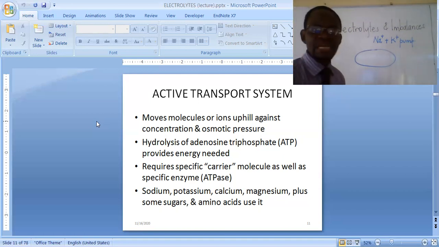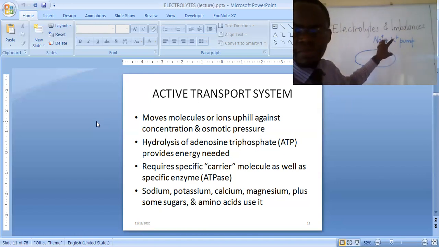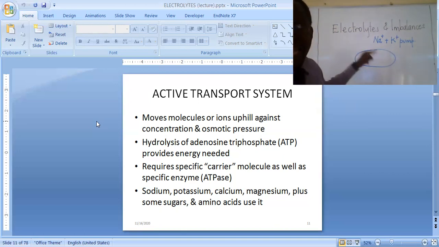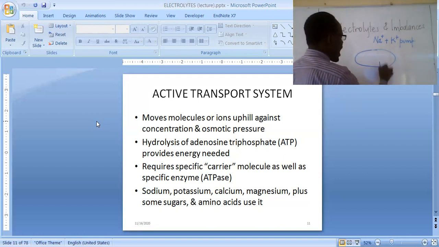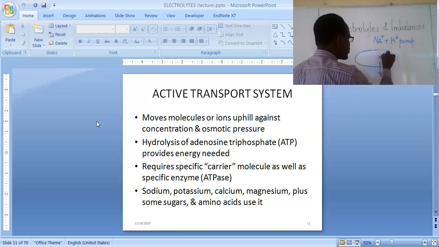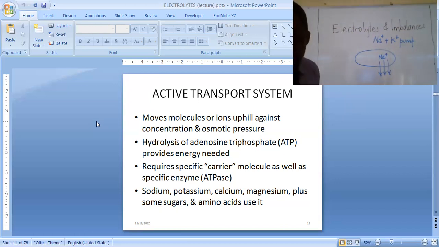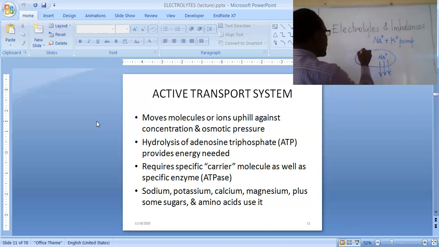As a result, it uses energy, the ATP, to make sure that it pumps sodium outside of the cell, and it then pumps potassium inside the cell.